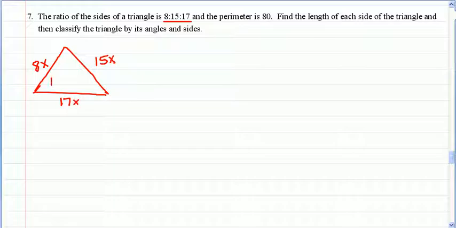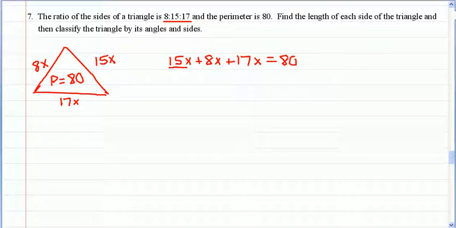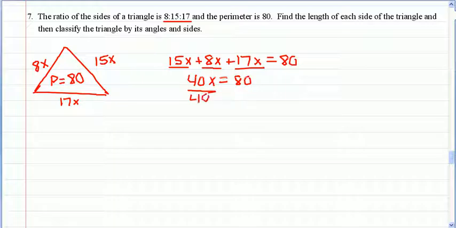And if I know that my perimeter is equal to 80, that's the start of an equation, which is 15x plus 8x plus 17x equals 80. If I add my x's together, 15x plus 8x is 23x, plus 17x is 40x, and then dividing both sides by 40 gives me x equals 2.